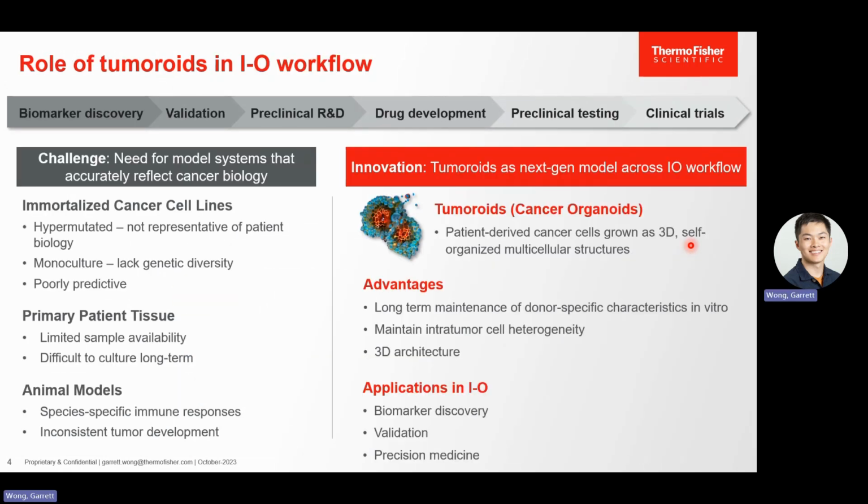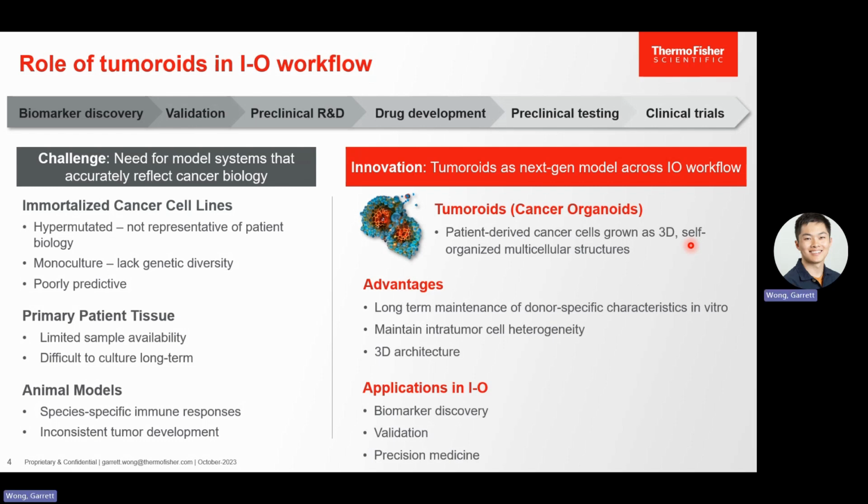One of the main challenges for immunotherapies is finding a model that accurately reflects the cancer biology and the drug response seen in patients. The most commonly used models are immortalized cell lines and animal models. Each of these has its own limitations, including genetic drift and species-specific responses, which might make these less applicable in the clinical setting.